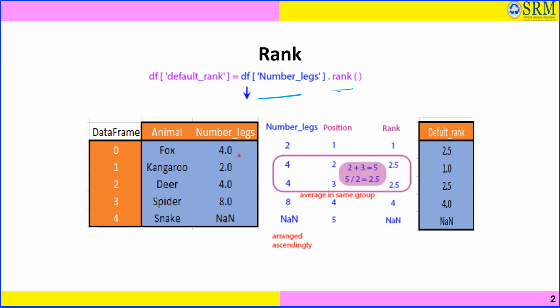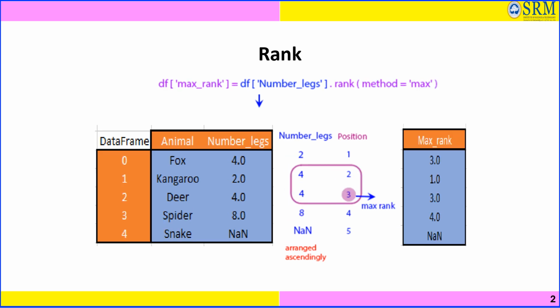When you sort, 2 comes first, and then 4 and 8, so 2, 4, 4 and 8. For 2, there is no doubt, the position is 1. For 4, the positions are second, third, and this fourth position, this fifth position. But while you give rank, if the values are repeated, then you have to take the average. So 2 plus 3 is 5, 5 by 2 is 2.5. So the rank is 2.5, 2.5, and this is normal, fourth rank, and NaN rank. So this is called ranking.